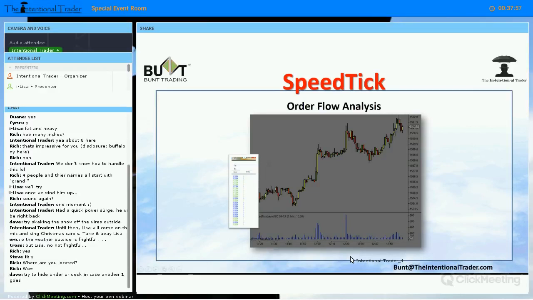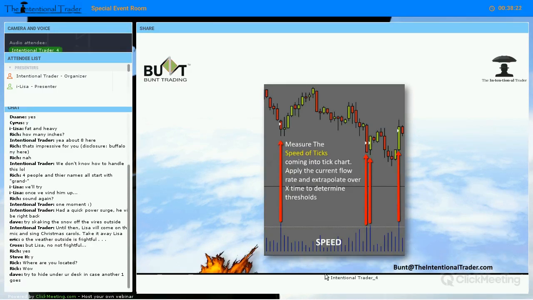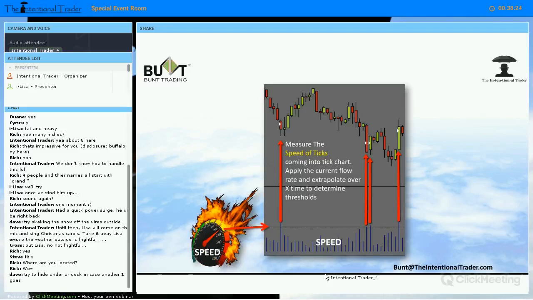He sent that back to me, and I noticed that whenever there was a high rate that exceeded a certain speed, okay, we'd get a point where price would stop and turn. This gave me a heads up that the big boys were doing their thing. We have the orders coming in relatively fast. Volume may or may not be high.